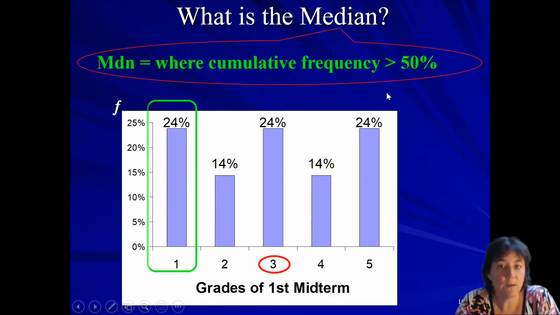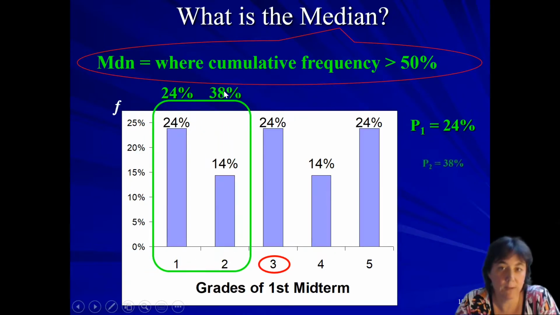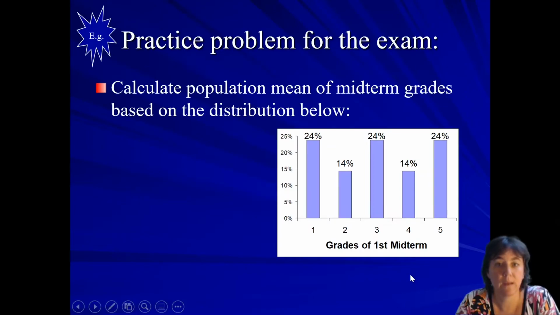So here, grade 1 is no good for us. That didn't reach 50% just yet. Cumulative frequency is still just 38 here, but cumulative frequency is already over 50% at grade 3, so that will be our median.